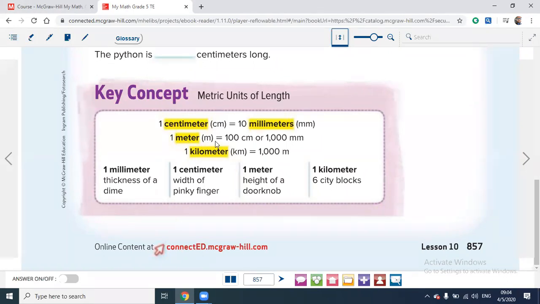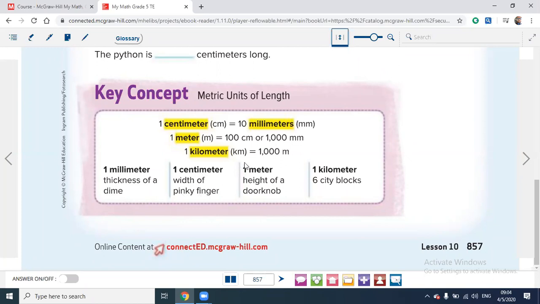Millimeter we use for something very small, like the thickness of a dime. A dime is a coin. Centimeter, we use it to find something small, like your pencil, the width of your finger, and your book.